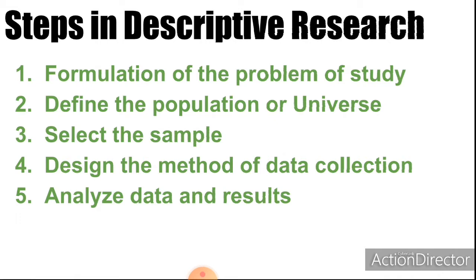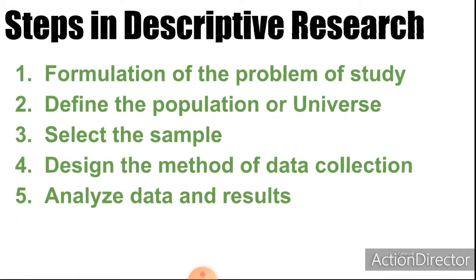Next, the researcher should decide what data should be collected and what method of data collection is used. After the collection of data, it should be coded and tabulated. Data should be analyzed with suitable statistical methods and based on this analysis, conclusions are to be derived.